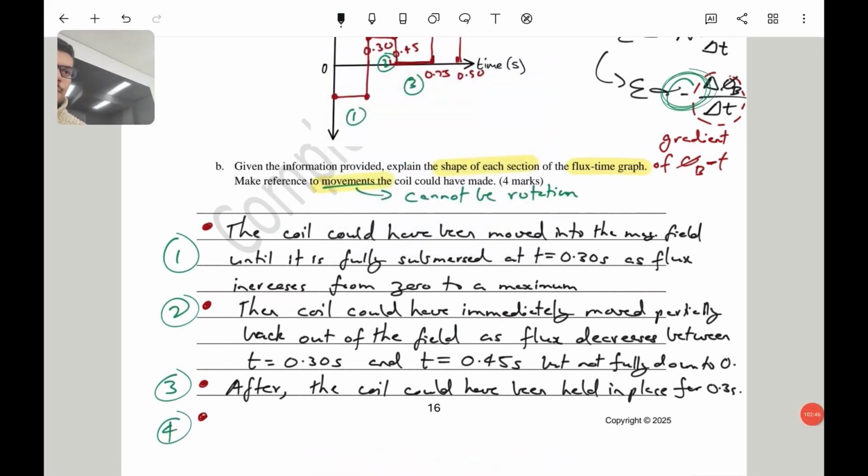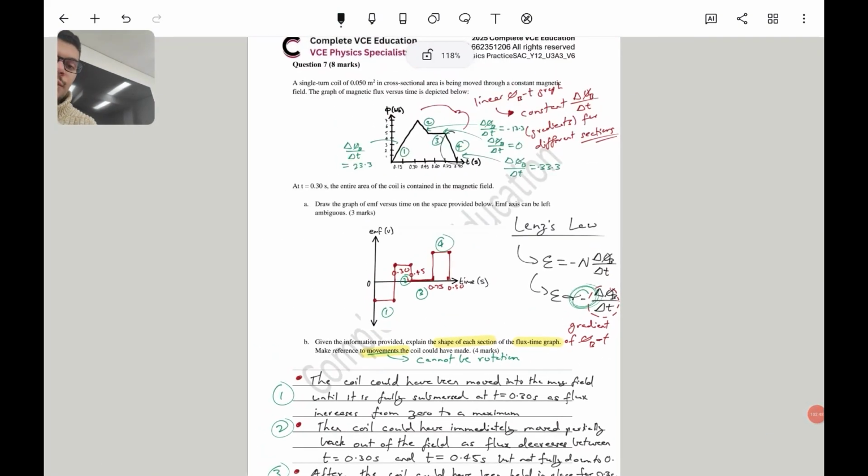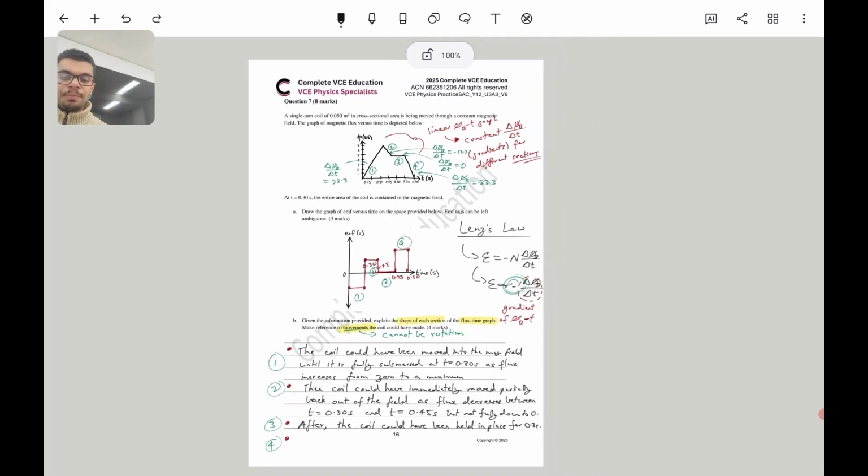So here, we know that for section number 4, the magnetic flux is going from some value straight up to 0. That change in magnetic flux going straight to 0 must have been brought about because the coil was being pulled straight out of the magnetic field, and the number of magnetic field lines passing through the area would have dropped down to 0 in that case.